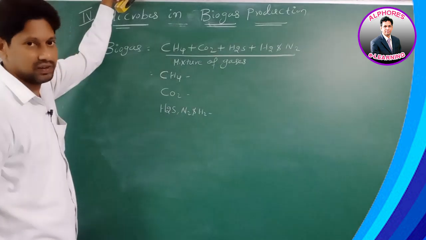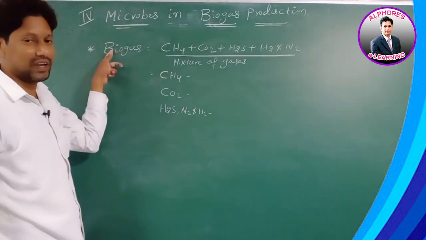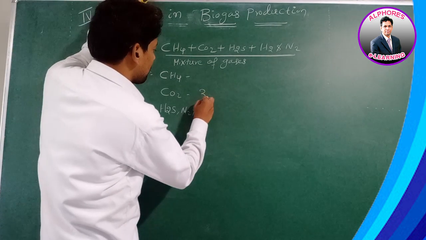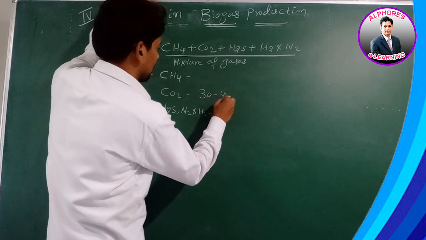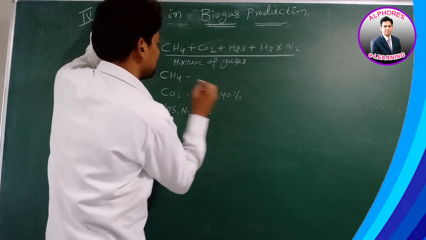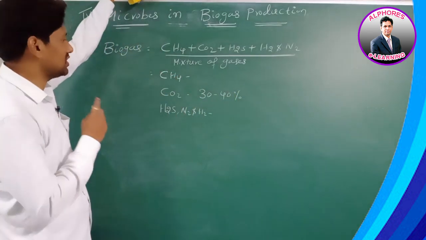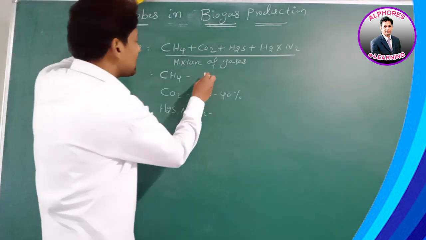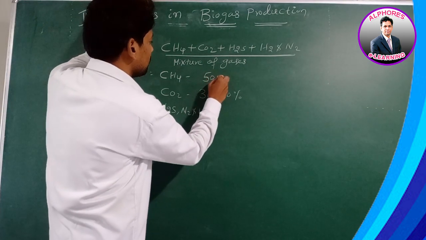Now listen to the statements carefully. In biogas, the percentage of carbon dioxide is 30 to 40%. Methane percentage is 50 to 70%.